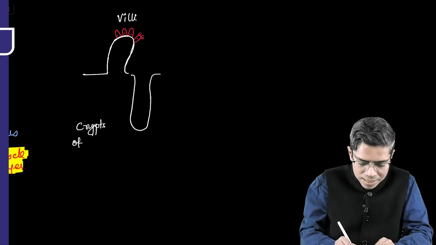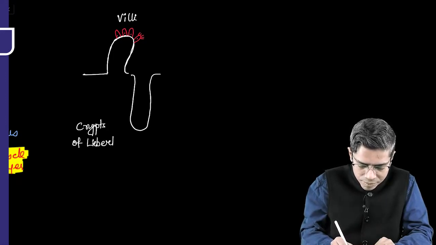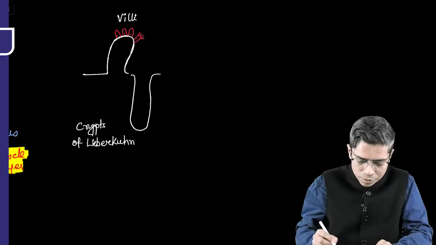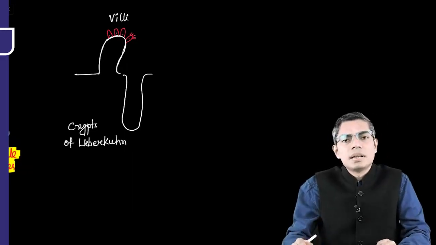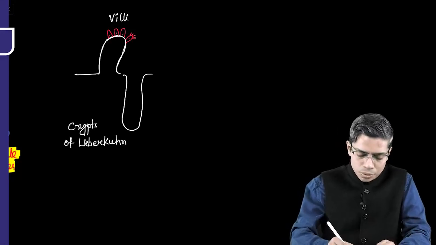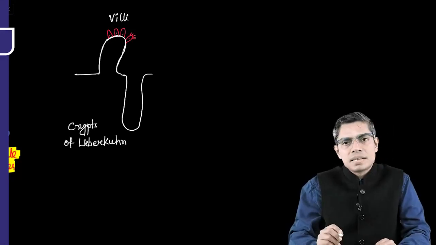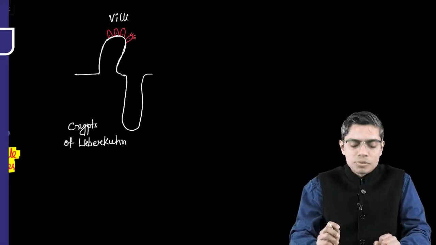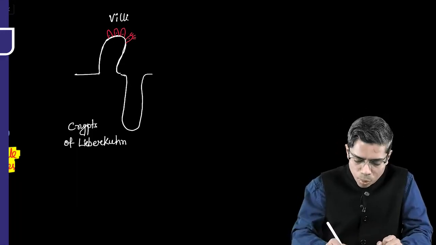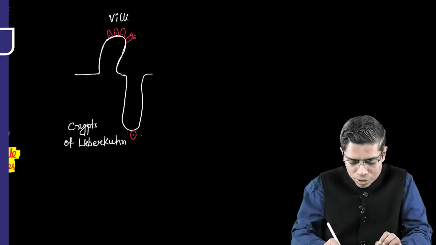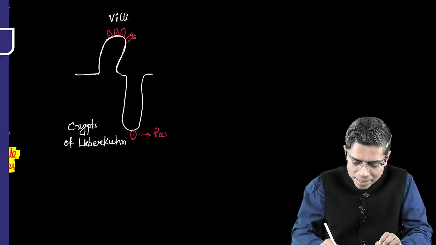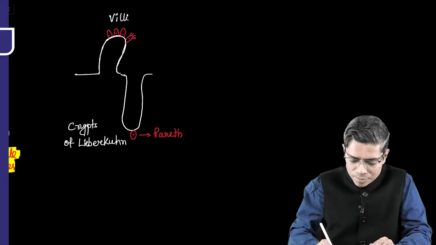This is known as crypts of Lieberkühn. So this is known as crypt of Lieberkühn, right? So if you look at this crypt, what you are going to find out, at the bottom of this crypt, you are going to find one cell which is known as the Paneth cell. Very, very important for MCQ.